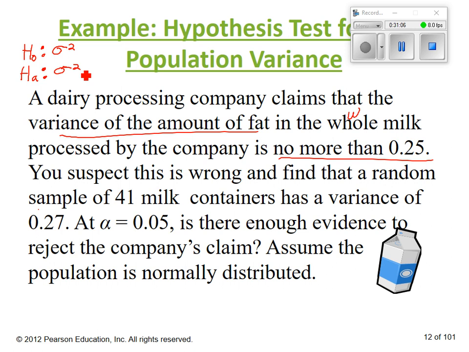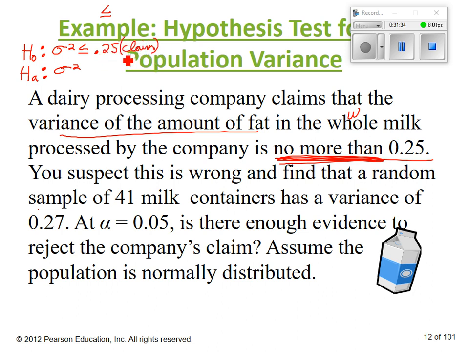And the company's claim says no more than. Is that going to be our HO or our HA? If it's no more than, tell us which symbol. Less than or equal, oh, it's your HO. So that's your HO, and that's your claim.